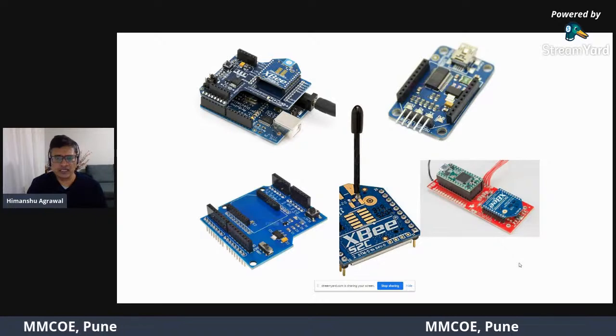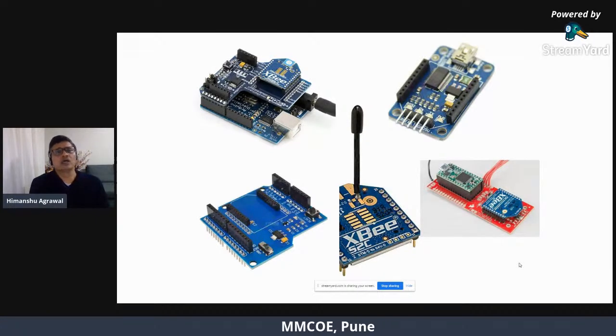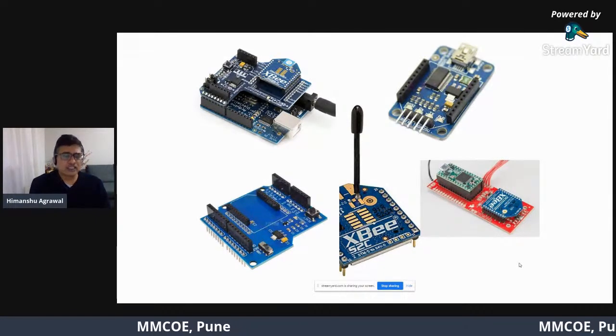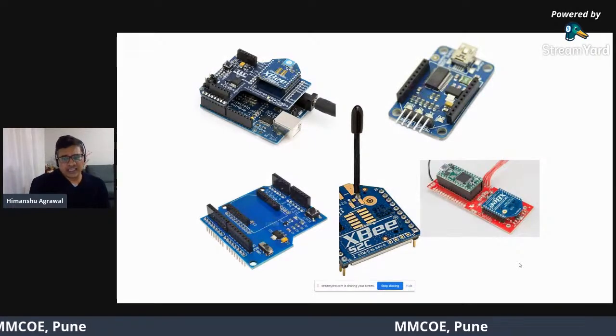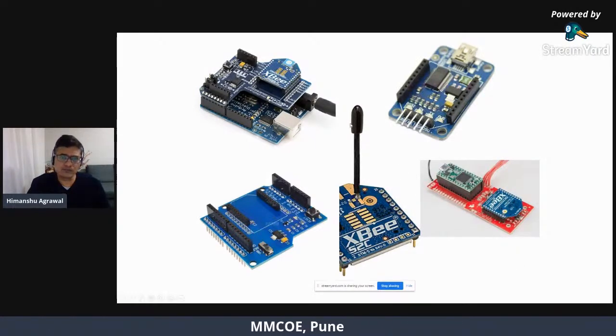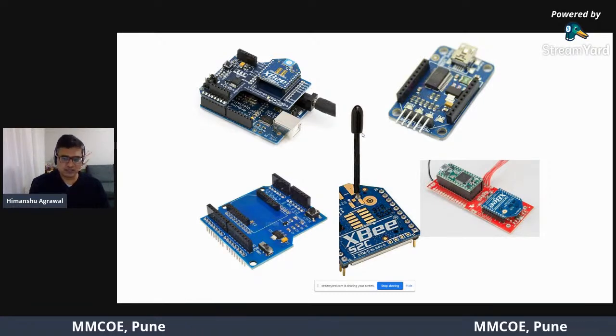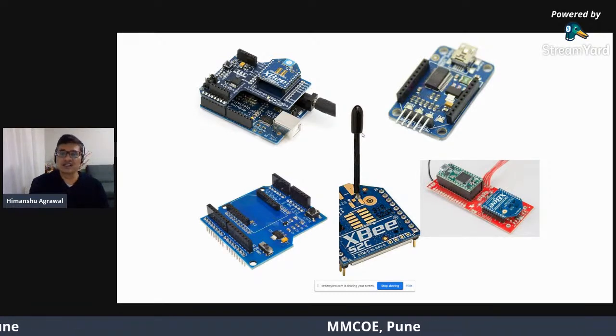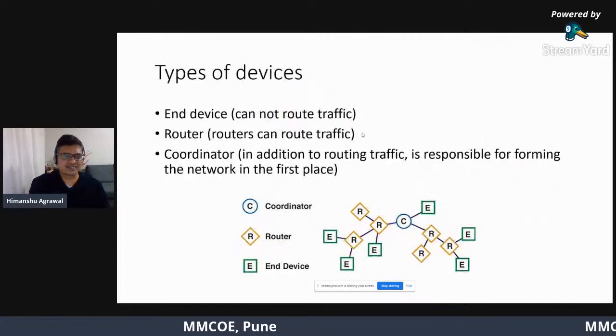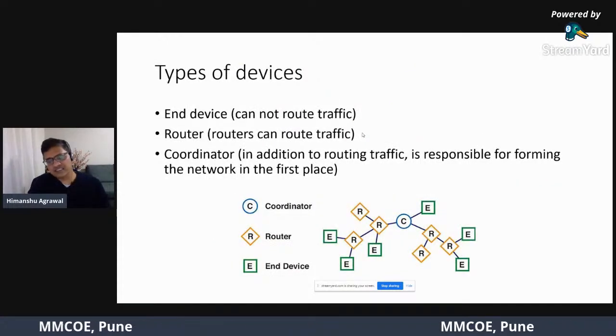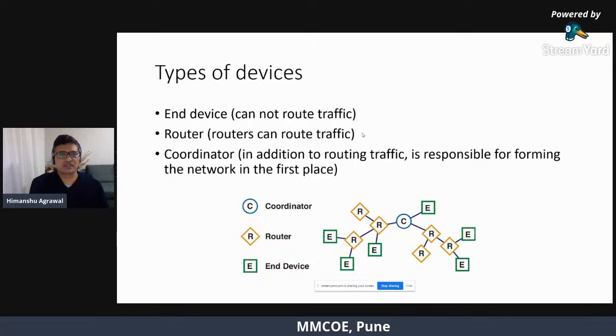You have seen that the Zigbee module, when you use it with the Arduino board, has an RF antenna, right? You use Zigbee at the popular frequency band of 2.4 gigahertz, a crowded band, right? And this is a typical topology in which Zigbee operates.